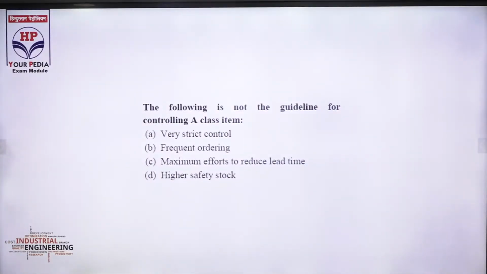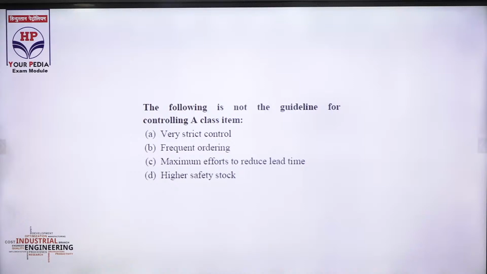What is not the guideline for controlling A class items? Give the answer fast, and you should have this practice only. Following is not the guideline for controlling A class items.